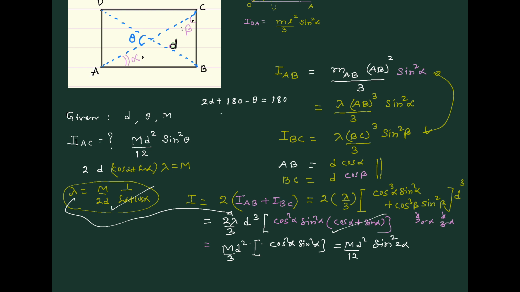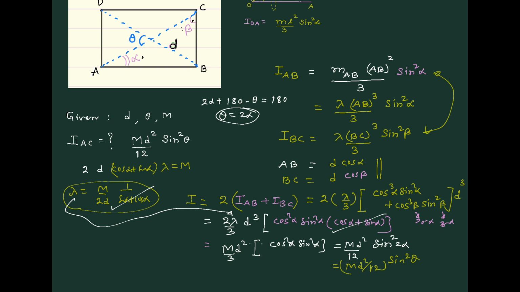So clearly theta equals 2 alpha. Or you can write directly, this is exterior angle to these two angles, so theta is 2 alpha. So you can very well write here theta. So we have got the answer as M d square by 12 sine square theta. Right?